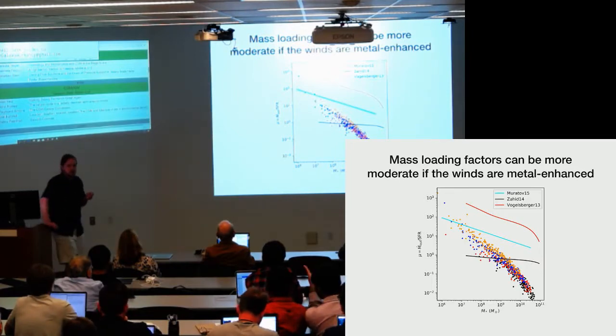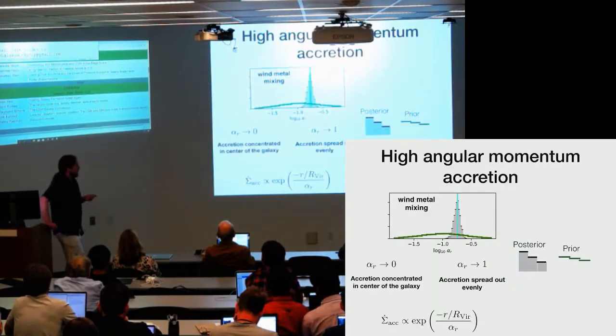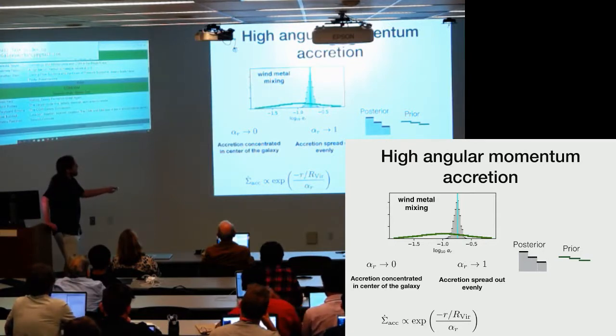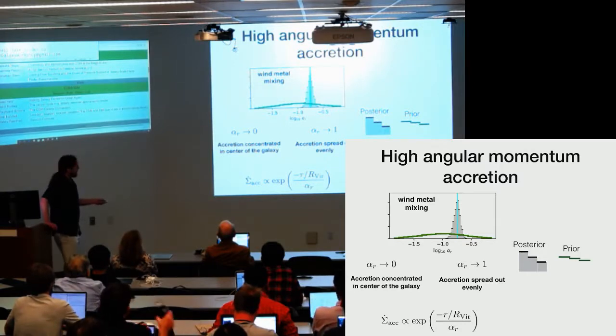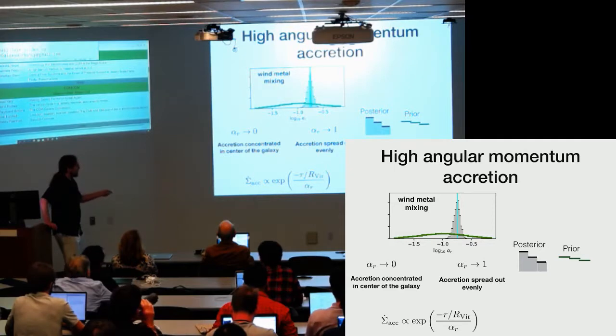Since I also want to discuss the baryon cycle, I thought I'd also mention accretion. This is another parameter: the radius at which gas accretes onto the galaxy. We assume that at every radius in the galaxy, accretion follows an exponential profile, controlled by this parameter alpha r, which I'm showing here.